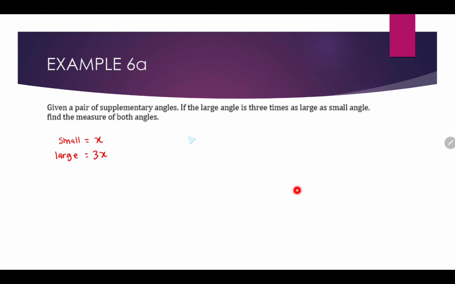Okay, so the small angle plus the large angle will be equal 180 because they are supplementary angles. Okay, meaning that X plus 3X equals 180. So we solve it and we got X equals 45.